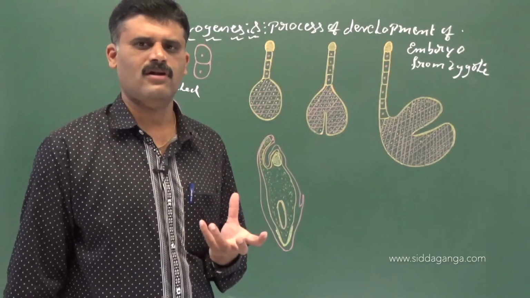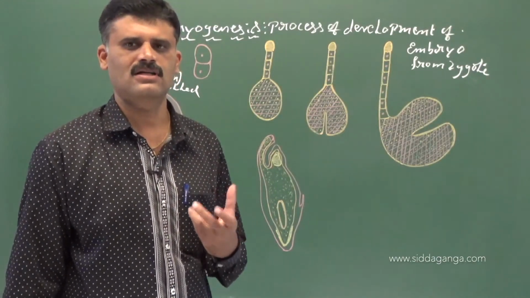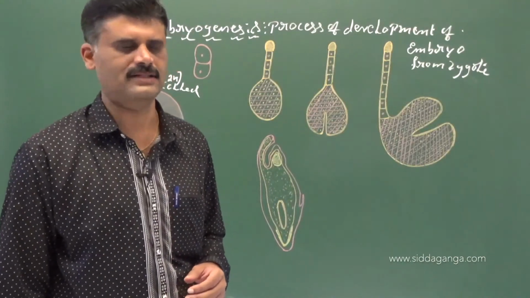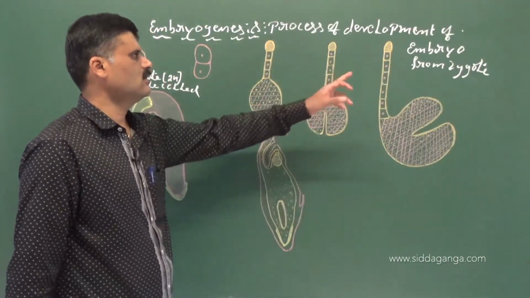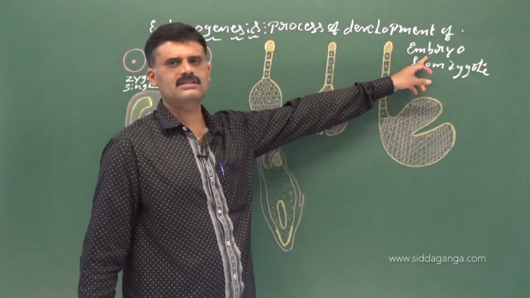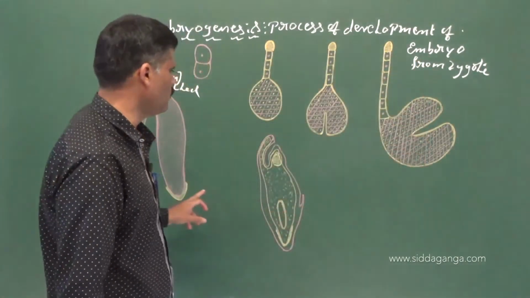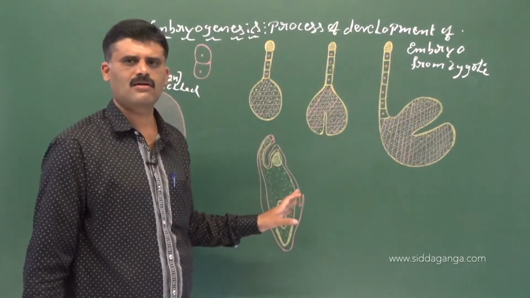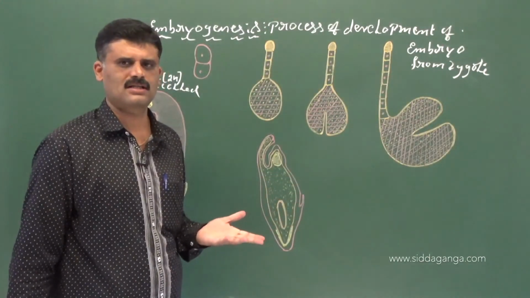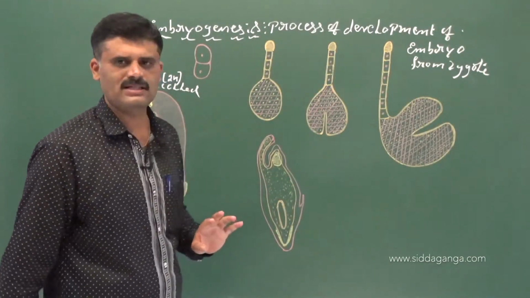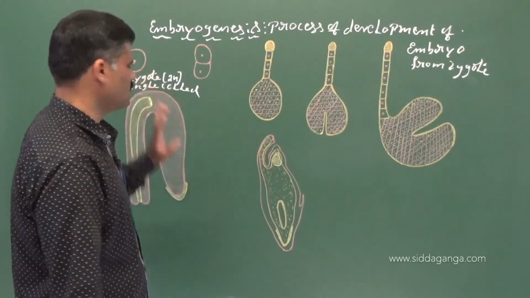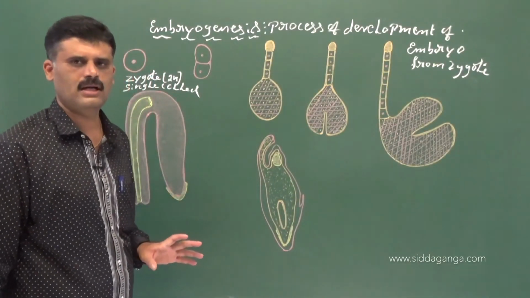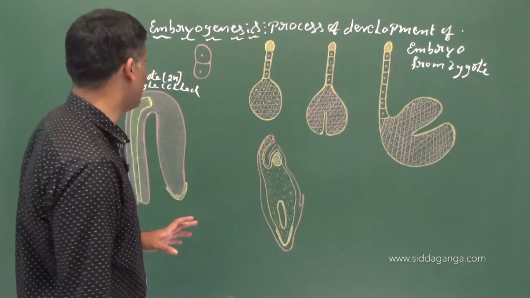The best example for the largest single cell zygote is the egg. So here the embryo is this here. These are the embryos. These embryos are multicellular in structure, but the zygote is single celled, and both the zygote and embryo are diploid in nature in angiosperms.